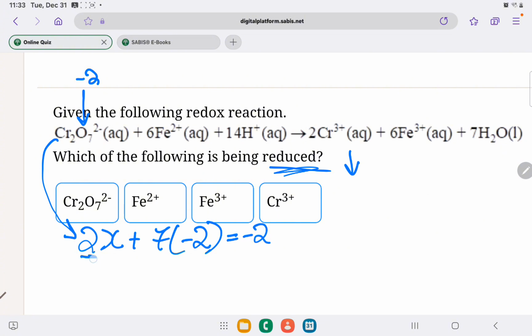We added the 2x because we have 2 Cr, and we did 7 times negative 2 because the oxidation number of oxygen is always -2, and since there's a 7, we multiply the 7 by -2. It's equal to -2 because that's the charge of the ion.